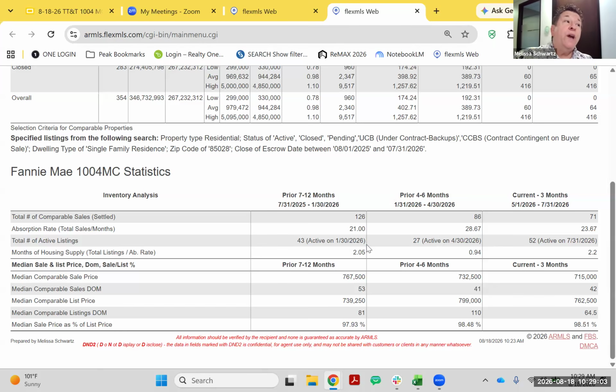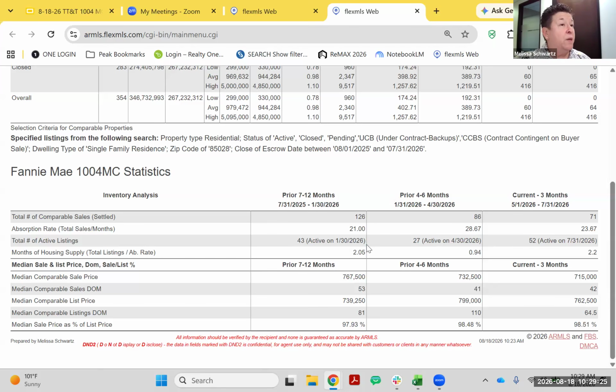Now, 85028 is one of those funky neighborhoods, right? It is one of those that has $1 million homes and has $300,000 homes. I just selected single family. I did not select price range. If you wanted to narrow it down, of course you could do that, but you can see there is a shift there.